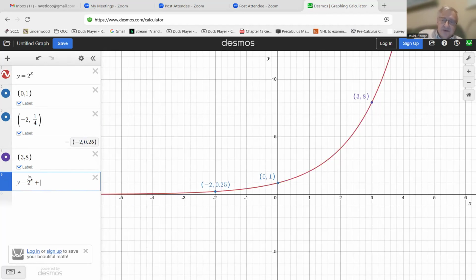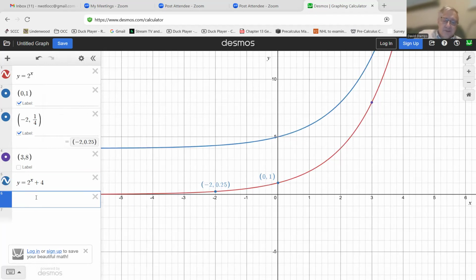Well, since I have a plus, let's add 4. This should move all the points on the current graph that's red up 4 units. So the point 0, 1, the y value has increased by 4 and is now there. So you see that 0, 5 is on the new graph. All the other points would also go up 4 units.